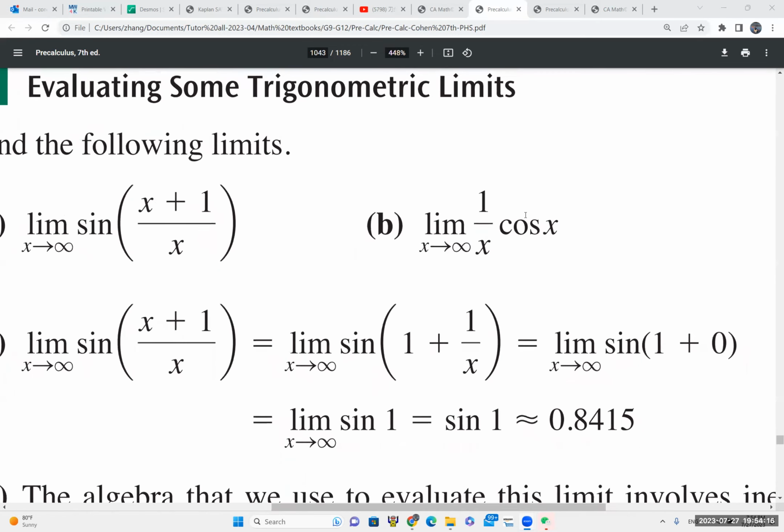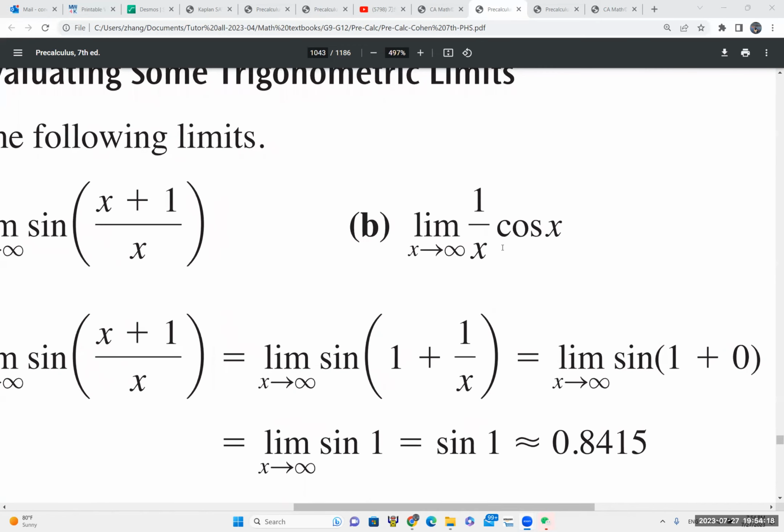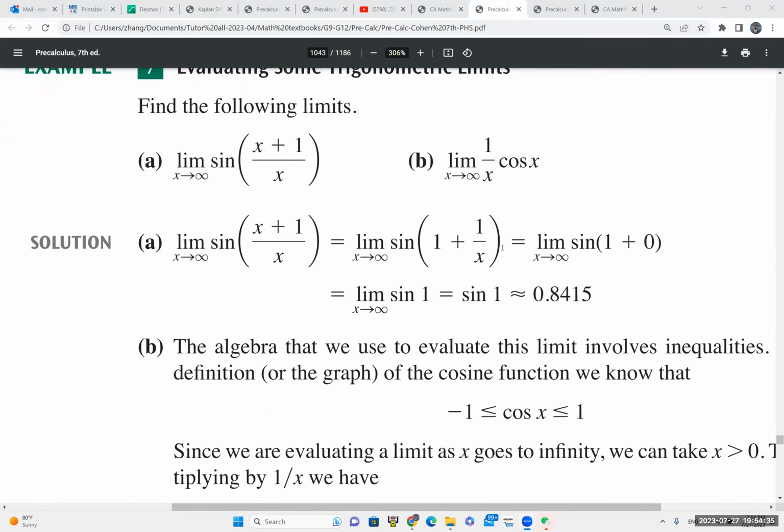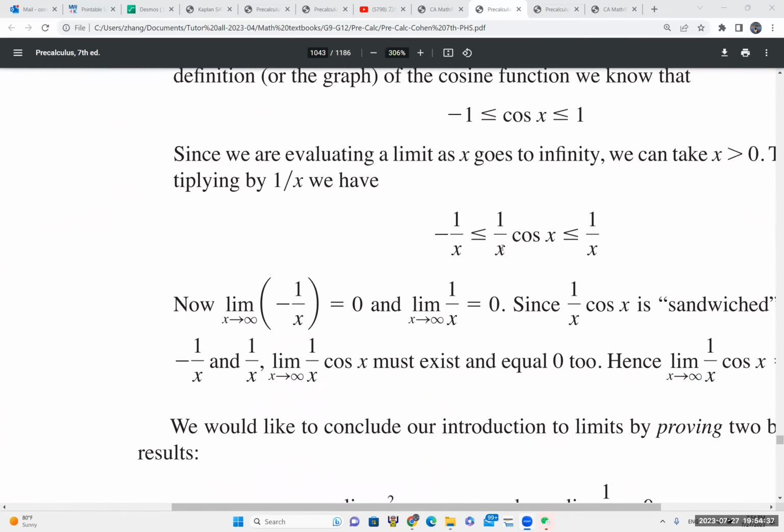The limit approaching 0 means the value will be as close to 0 as possible, close enough, right?